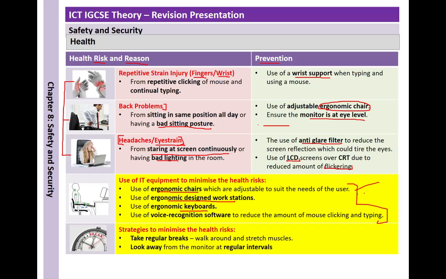However, using these will require you to pay more, so they cost more than the normal ones, but as I said, in the long run they are really worth it. Strategies, if you don't have the money to buy these, can always be taking breaks, or if you are looking at the screen for a long time, you can look away for a couple of minutes and then get back to the screen. This is what we call health problems.